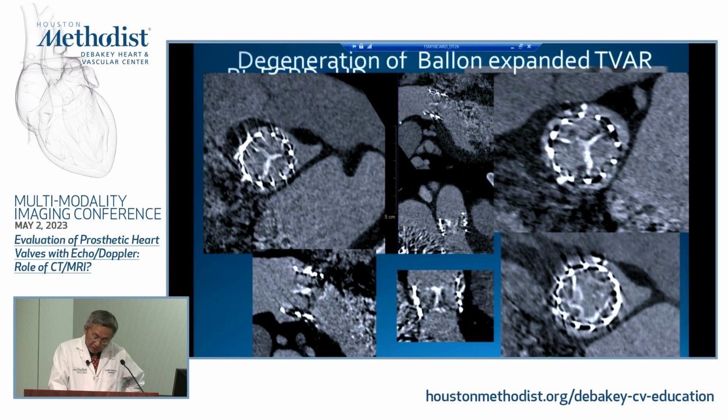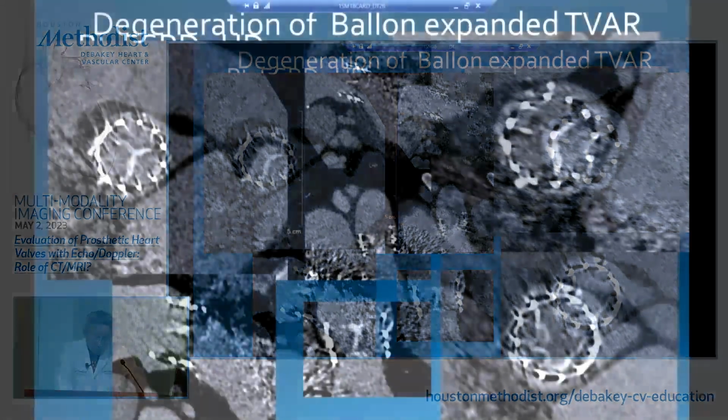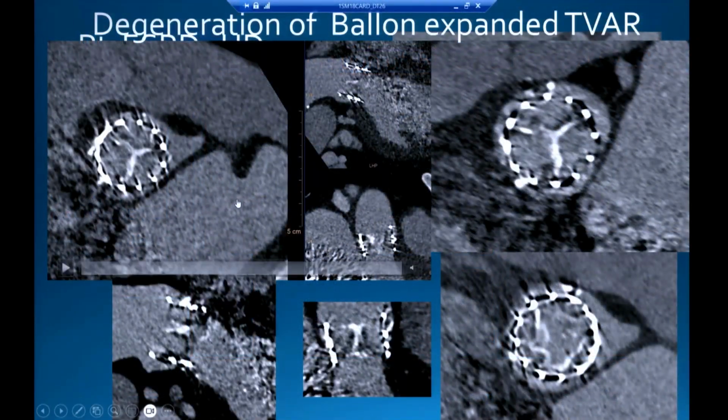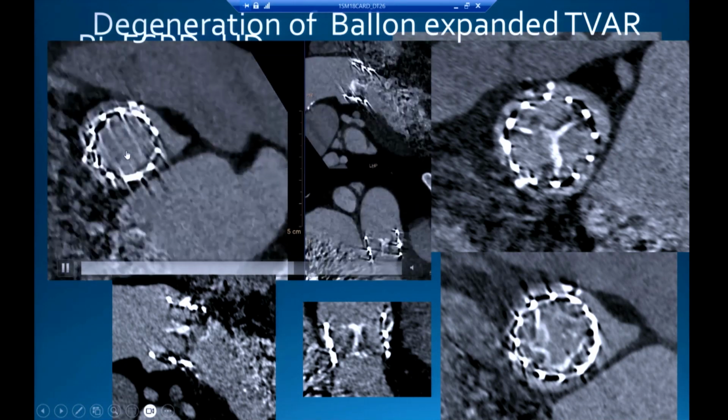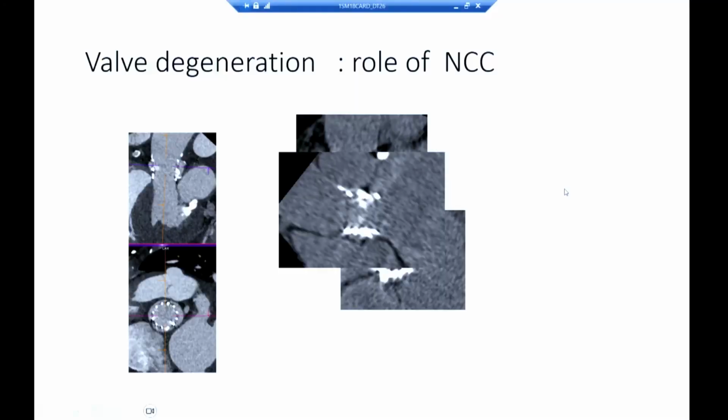So number one, the most common abnormality we see is degeneration. You can see heavily calcified, thickened, there's no question this is narrow, okay? Very important, non-contrast CT, okay? This is a patient who had the TAVI put in less than a year ago and is on dialysis.